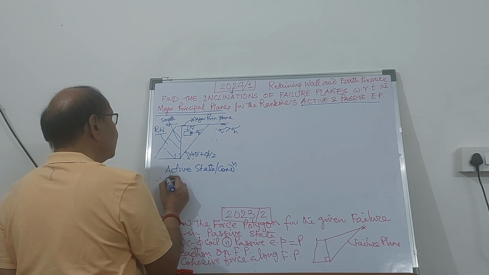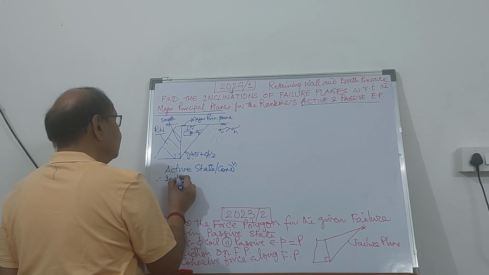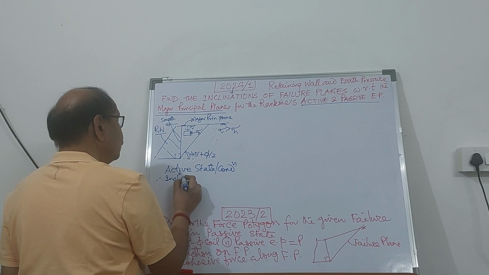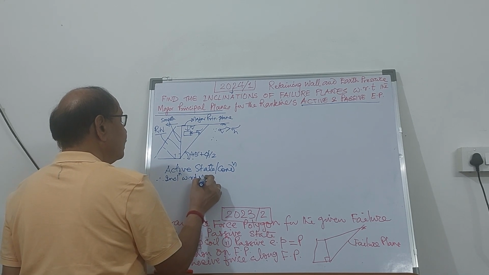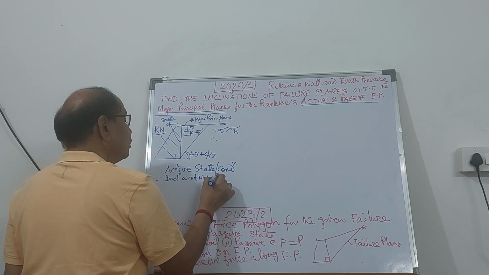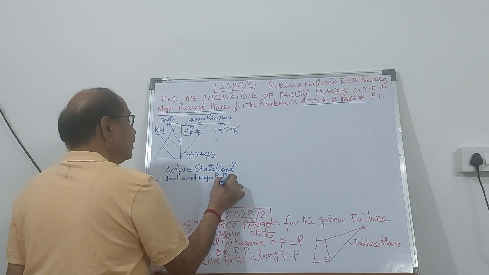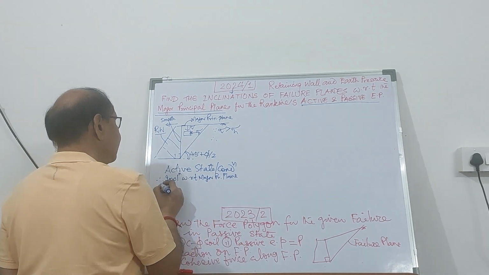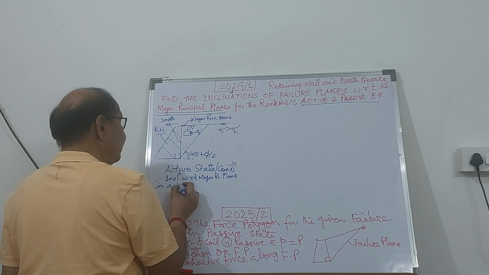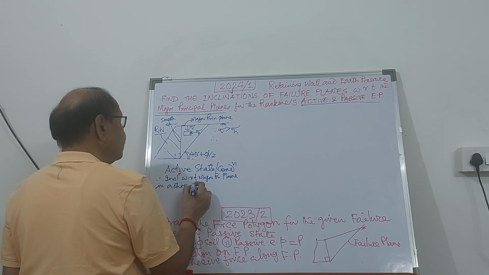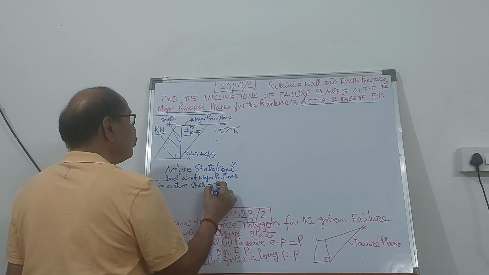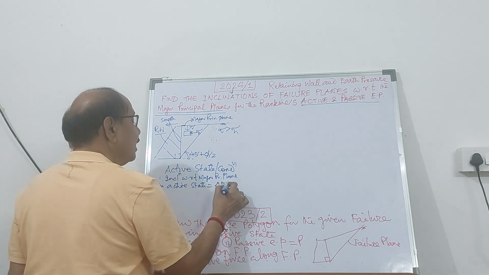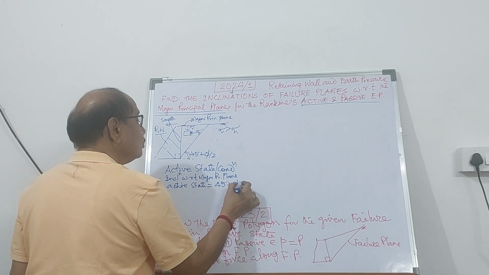Therefore, the inclination with respect to the major principal plane in active state is going to be 45 plus phi by 2.